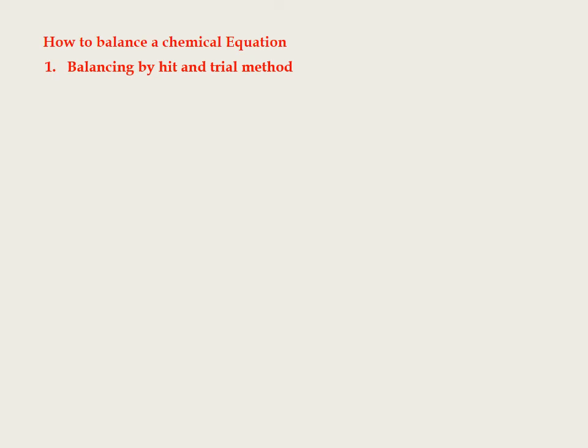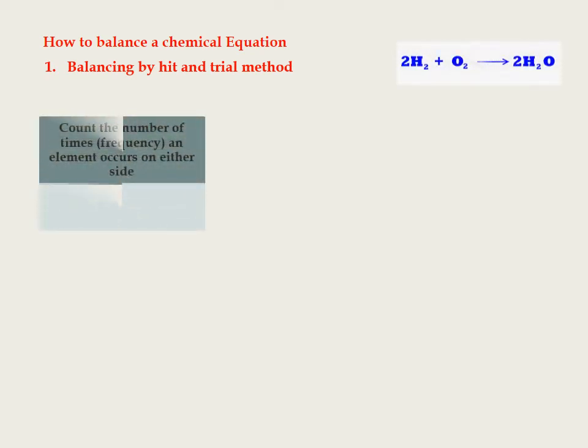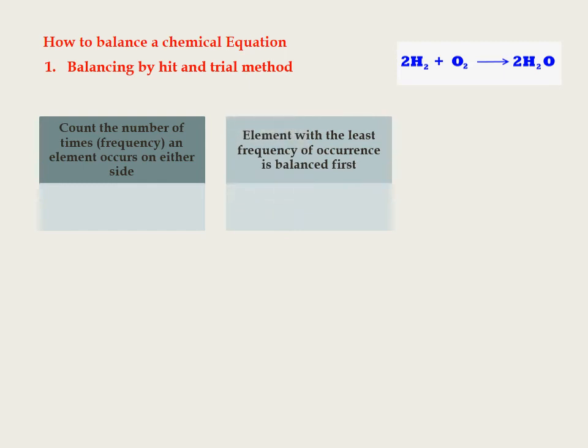Let's see the first method, hit and trial method. This method consists of counting the number of atoms of each element on both sides and trying to equalize them. Take the following steps. Count the number of times, that is frequency, an element occurs on either side. The element with least frequency of occurrence is balanced first.